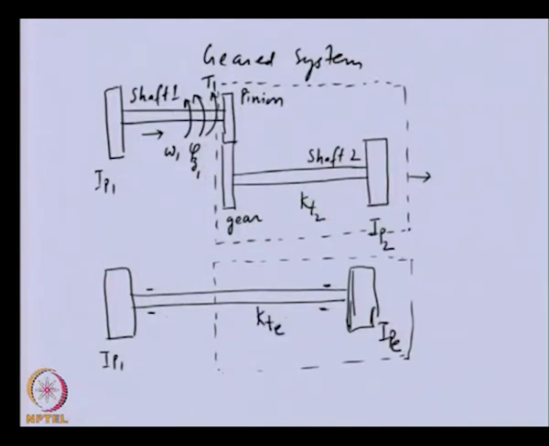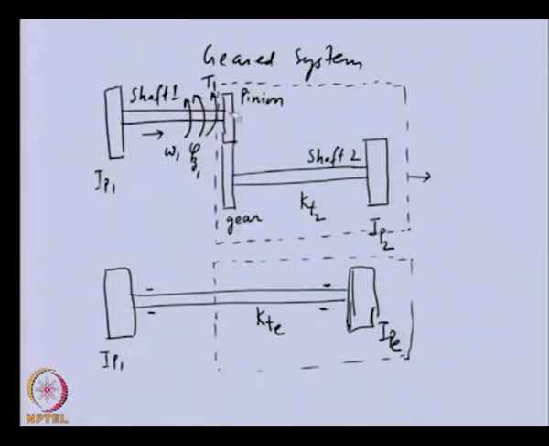Up to the gear, whatever the stiffness is, it is the same as the previous one. We are not converting this shaft to an equivalent system. We are trying to find the equivalent of this shaft system and polar moment of inertia with respect to the input speed of the gear system.